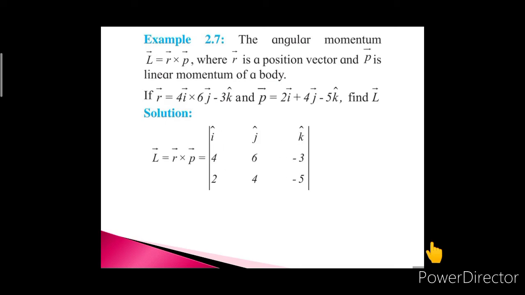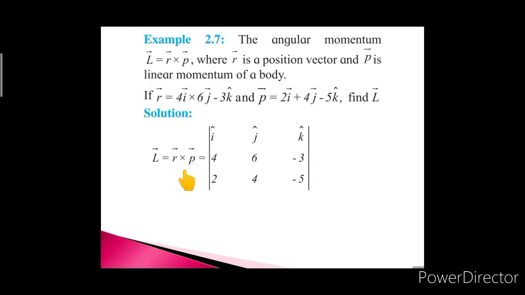As vector L is given as vector r cross vector p, that means over here we have to take the cross product of two given vectors, that is vector r and vector p. And we know that the cross product of the two vectors is to be written in the form of the determinant.